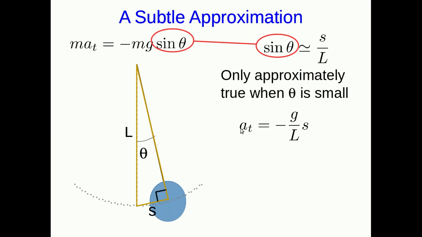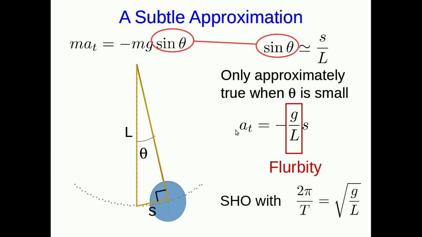And note, this is like a equals negative g over L times x, right? Because s is our displacement. And so we can see, hey, look, there's our constant. So it is g over L, and this has the right form for simple harmonic motion, negative constant times our displacement. And so we've shown approximately when theta is small that the pendulum will do simple harmonic oscillations, and we can solve for the period by saying that 2 pi over T is the root of that constant, which is g over L.